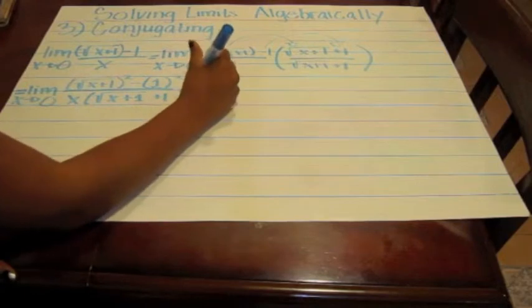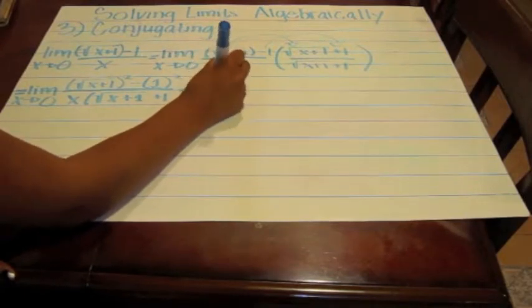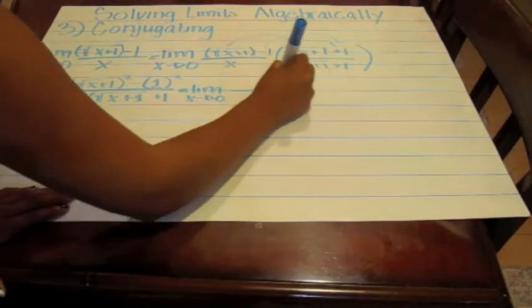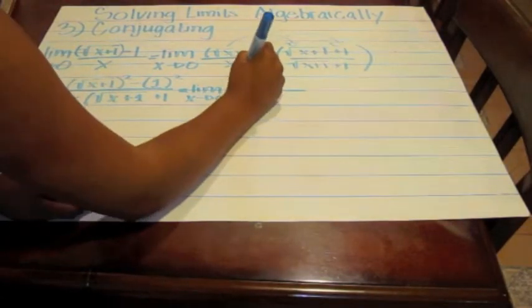It's important that you put parentheses around the 1 so you don't get confused later with your positive and negative signs.